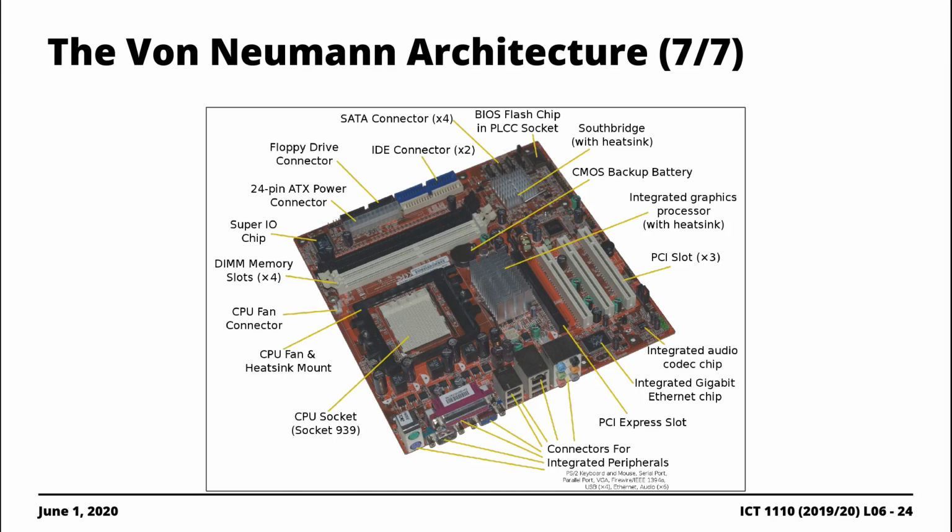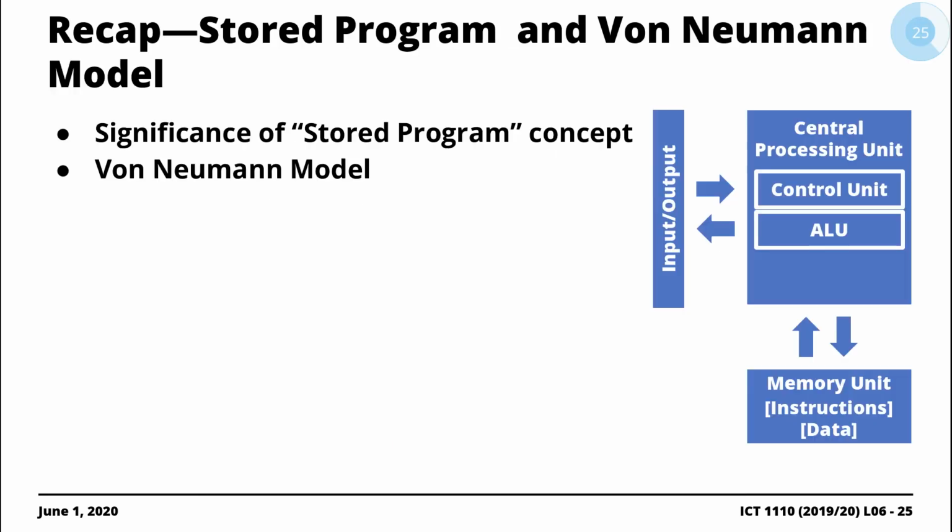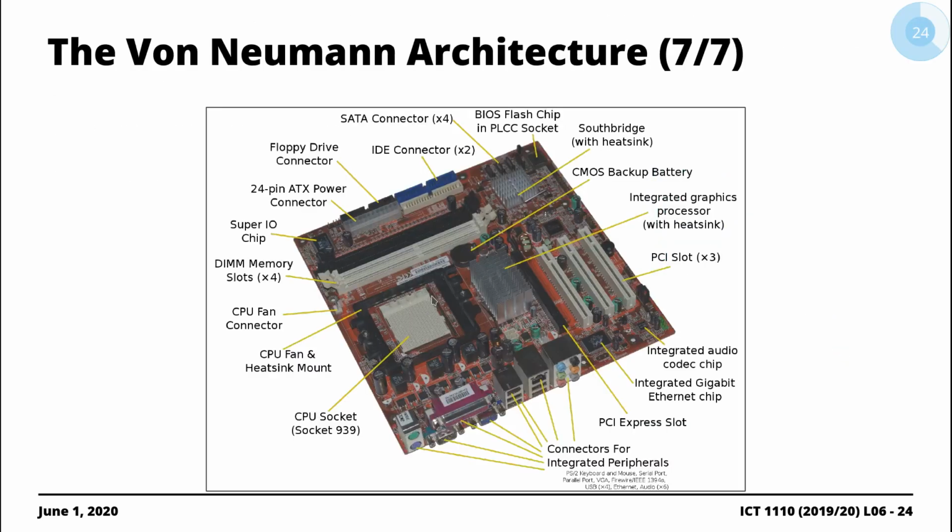All right, just putting it all together, essentially, we are saying that this whole thing we are calling the von Neumann architecture is supposed to result in something like this. Now, this is showing us a motherboard of, I'm not sure what this board is, but you notice that this motherboard has a number of interesting components. Like this would be a CPU socket, right, where the CPU typically sits.